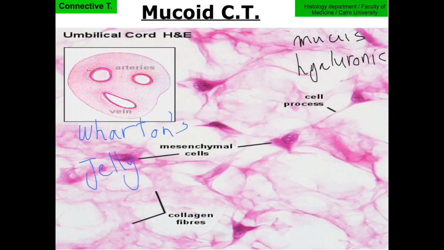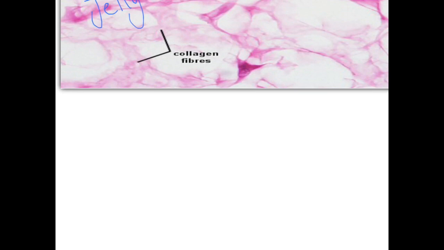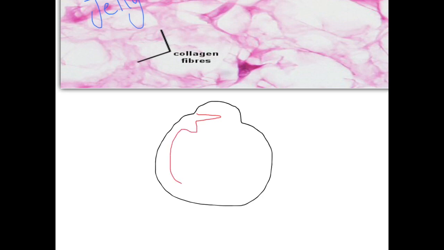Other sites are the following. We have also the mucoid connective tissue present in the eye. How? This is the cornea and this is the sclera forming the outer coat of the eyeball. Then we have the iris and ciliary body and the choroid forming the middle coat. Then we have the retina, which is the innermost coat.